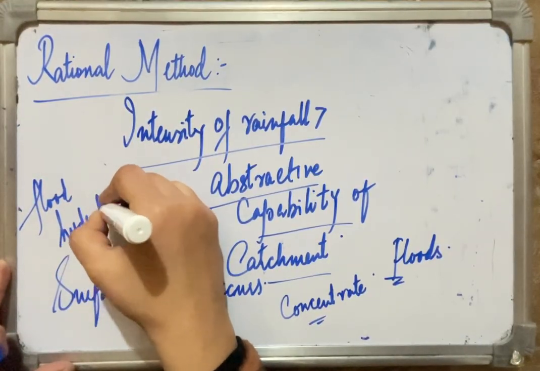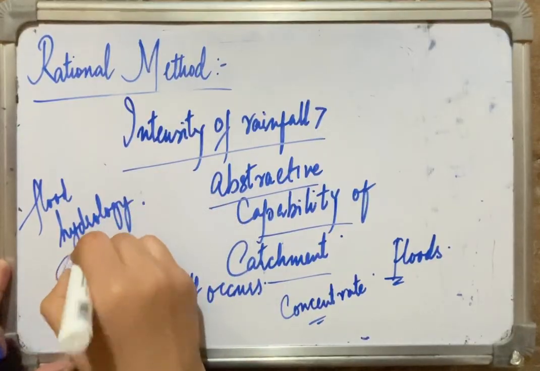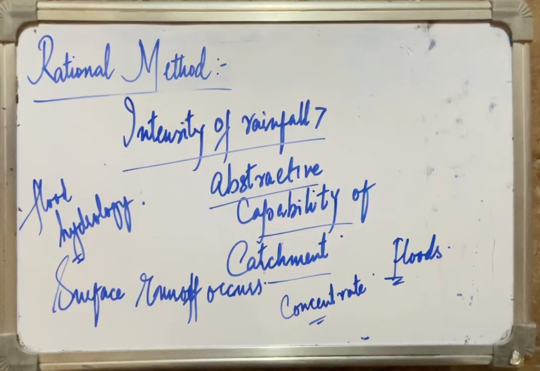So when large amounts of surface runoff concentrate, they provide large flow rates known as floods, and the study of floods, their occurrences, causes, transport and effects is the very basic essence of flood hydrology.